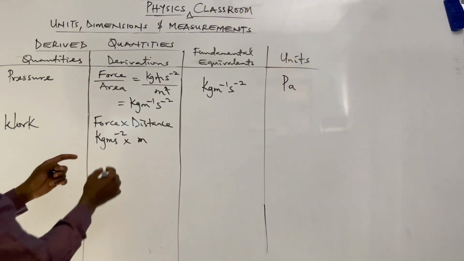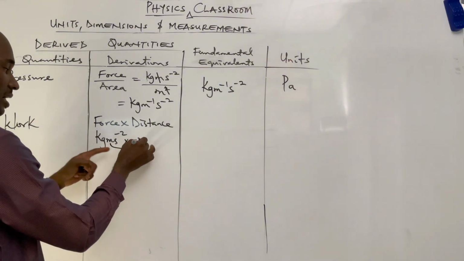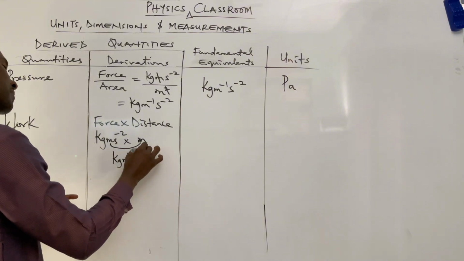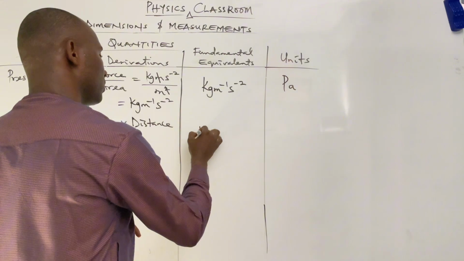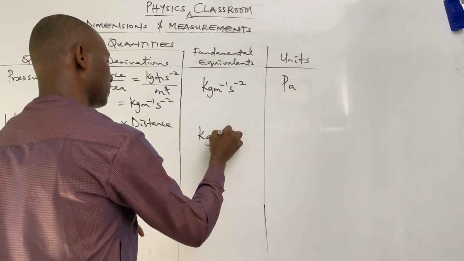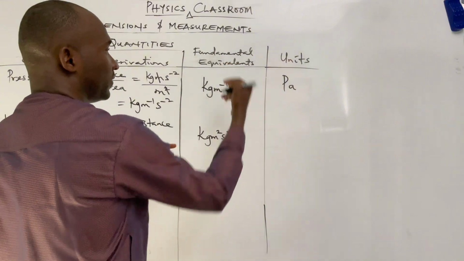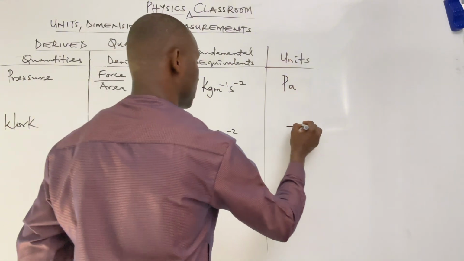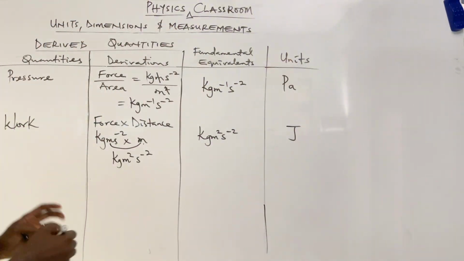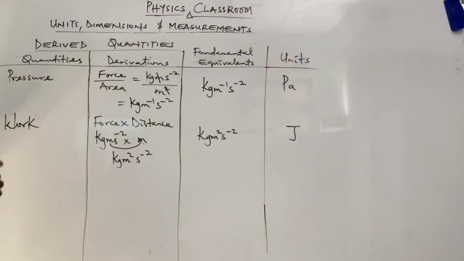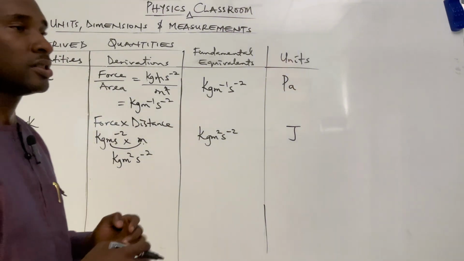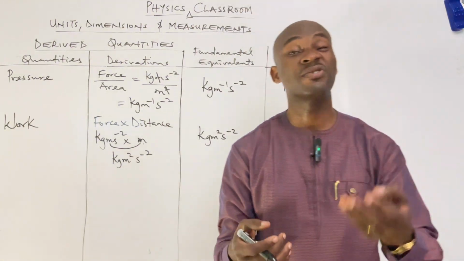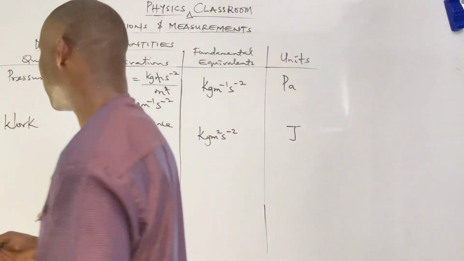So if you multiply this meter times this, you have kilogram meter square per second square, being the fundamental equivalent. Then the unit for work is joule, J. Energy, they say, is the ability to do work. The unit for energy is also joule, which is denoted by the symbol J.